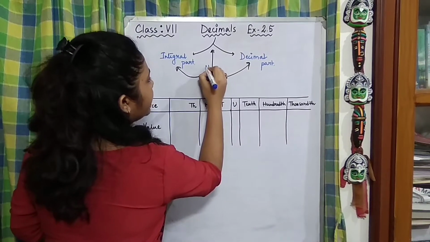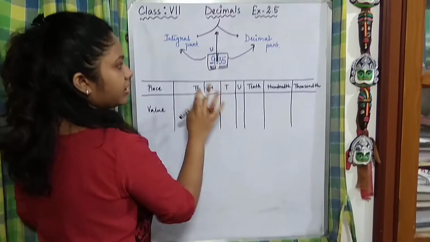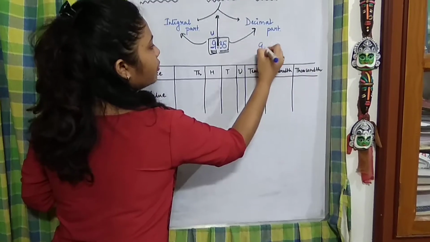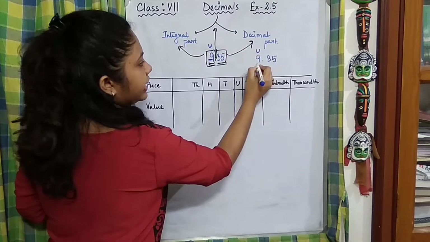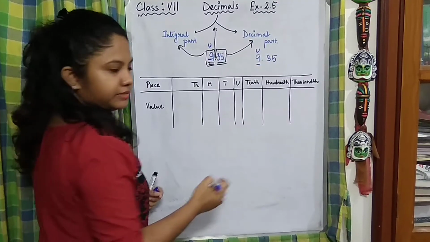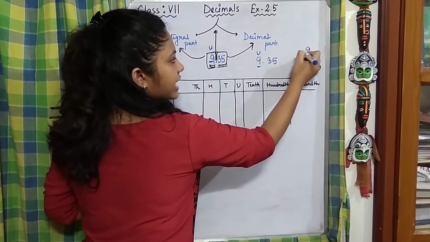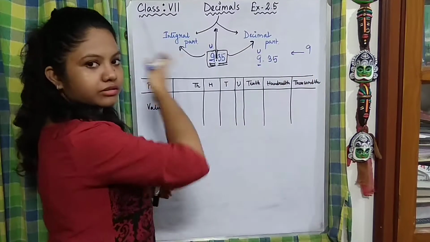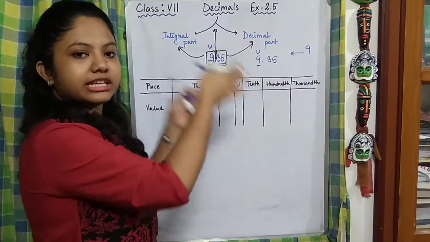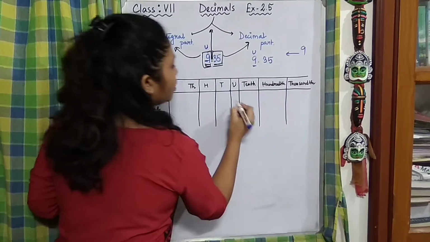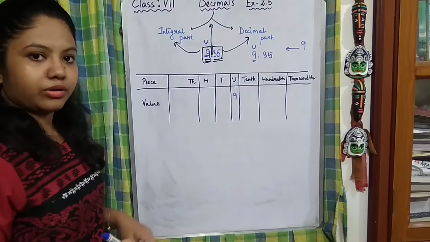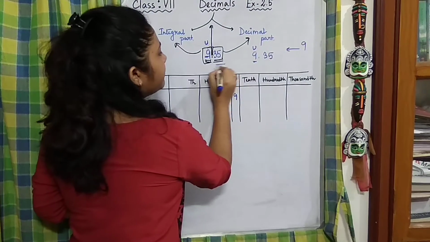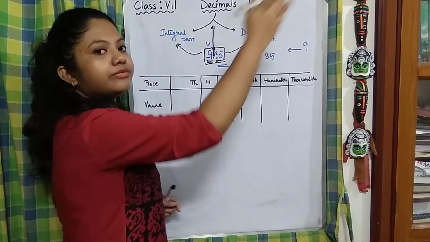So let's put the place values of this number, 9.35. If we start here, this is a unit, right? Because 9 is a unit, and if we trace forward, it will be units, tens, 100, 1000 and so on. So I am going to put this number in units. Now what will be the place value of the 0.35?